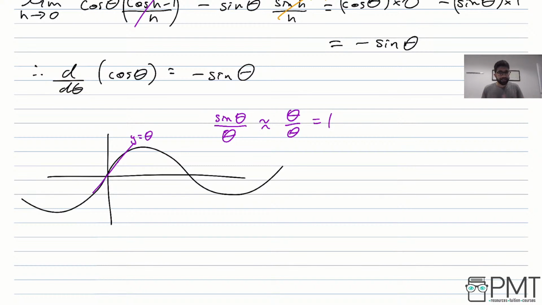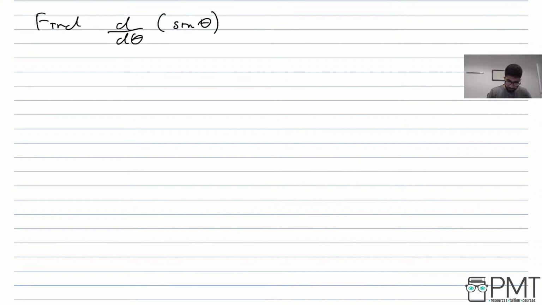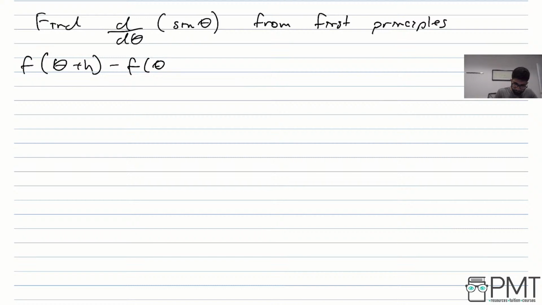Okay, let's do the last question. It's this one. So that's from first principles. So let's write f of theta plus h minus f of theta, divided by h.